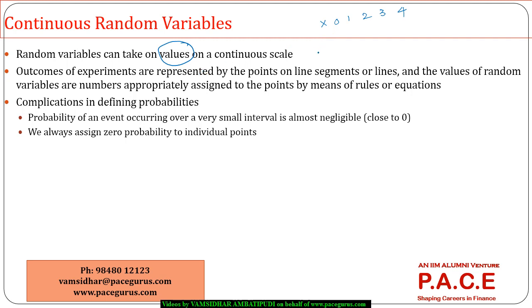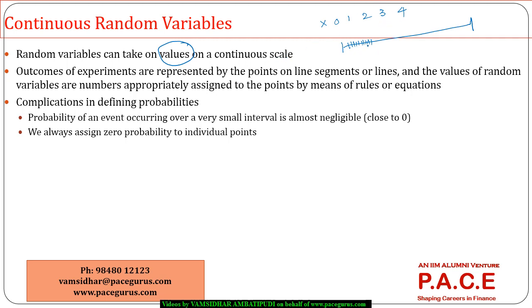So the outcomes of the experiment, if I'm talking about this as a line or a line segment, the values that the random variable might take could be any of these things rather than just a discrete set of points.